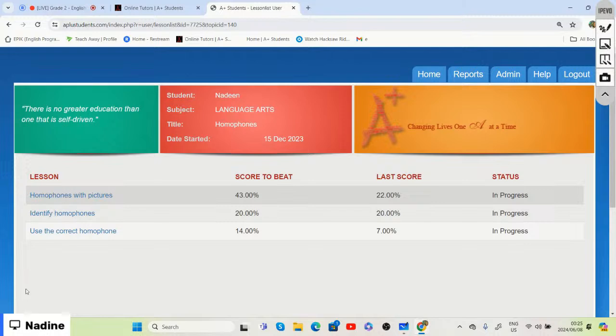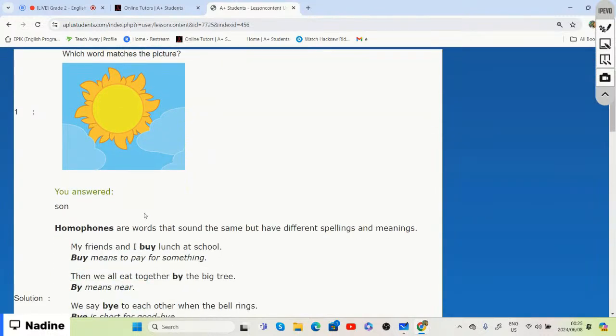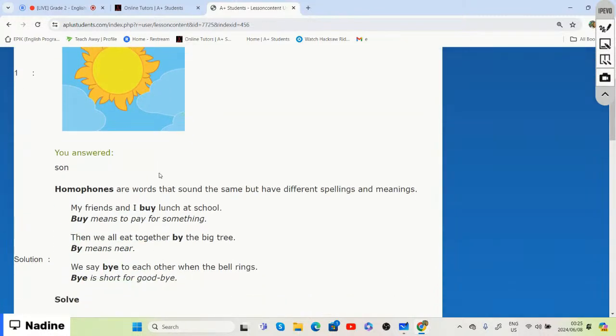We're going to match the pictures with whatever the homophone is. All right, so we see homophones are words that sound the same but have different meanings and spellings.